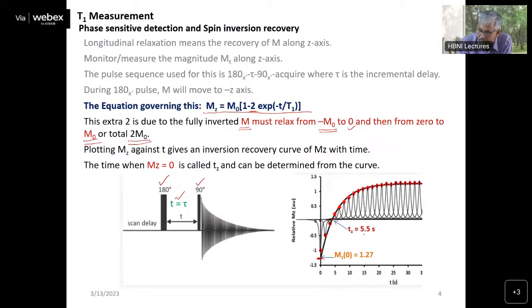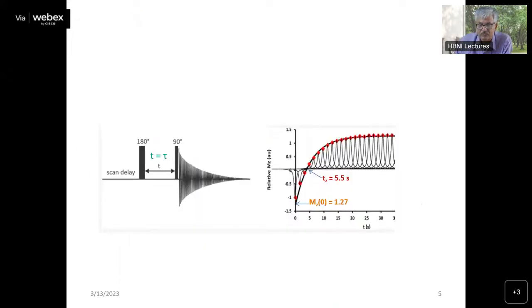In this particular case, Tz is at 5.5 seconds, and similarly the Mz0 is 1.27. That is the magnitude of the signal at tau equal to 0.